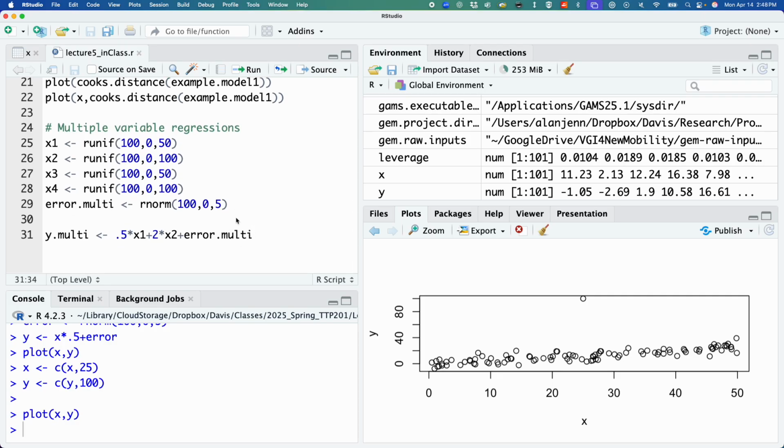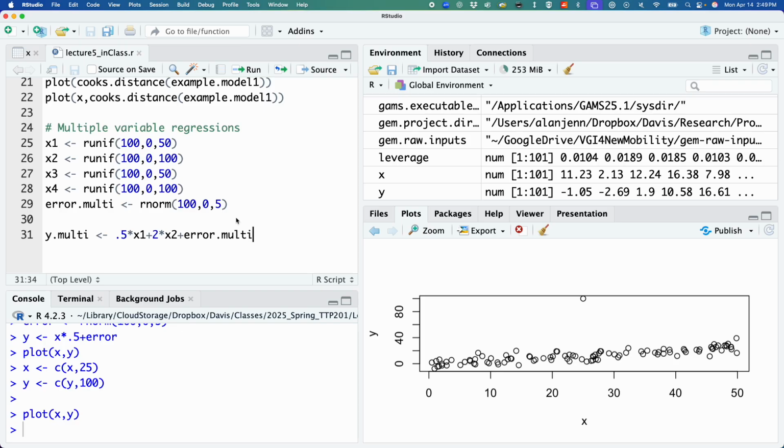Again, imagine you have a big Excel data set with a bunch of variables, and you want to understand the relationship between a particular variable and a whole set of other variables. You don't normally get to know this, but we're playing God here. I get to decide the true value of y, which in this case is half of x1 plus 2 times x2.